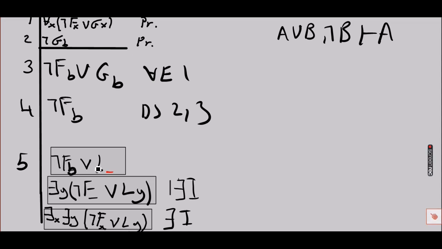Now what should I put in the second blank? Well, I can get anything I want, and it really doesn't matter. So I can put A in there, or I can put B in there. It doesn't matter. So I'm just going to put A. Good. So from 4, we can get this new line on 5. And it's a good old disjunction introduction.